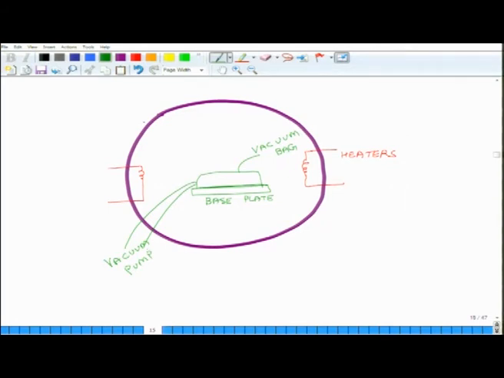And to increase the pressure inside this, what do I do? I have a pressure line. This is a compressor.